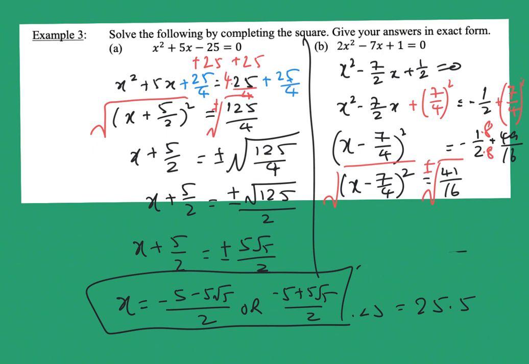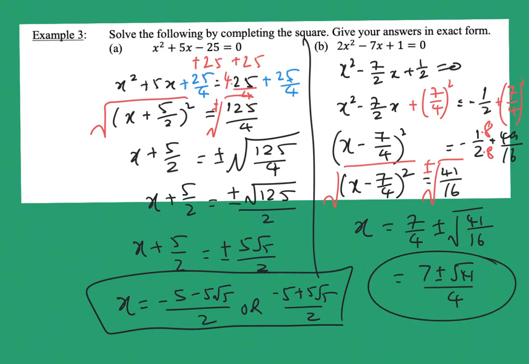So from here, x is equal to 7 over 4 plus or minus square root of 41 over 16. So I can simplify the radicand. So it's 7 plus or minus square root 41 over 4. This is the answer in exact form.